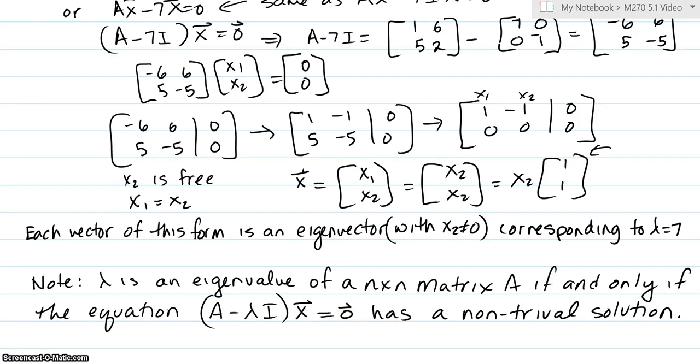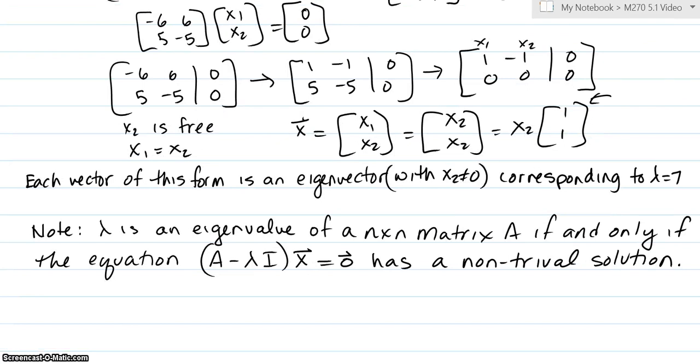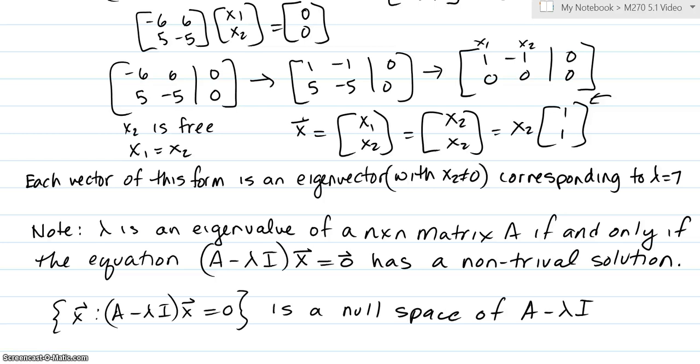And the solution set is going to be all the vectors of this form. And that looks like the null space. We know the set of all the solutions is a null space of the matrix A minus lambda I. So therefore, this is a subspace.